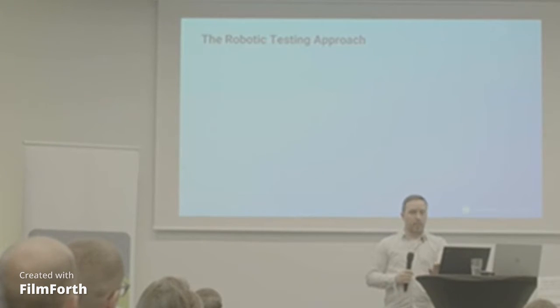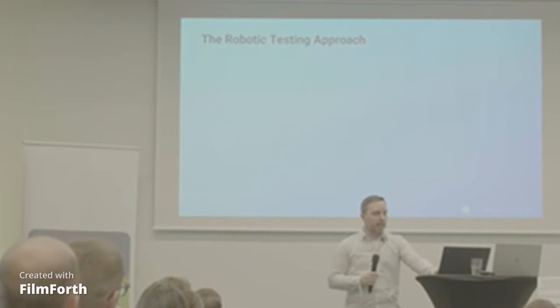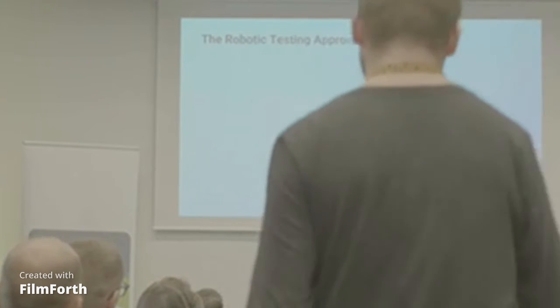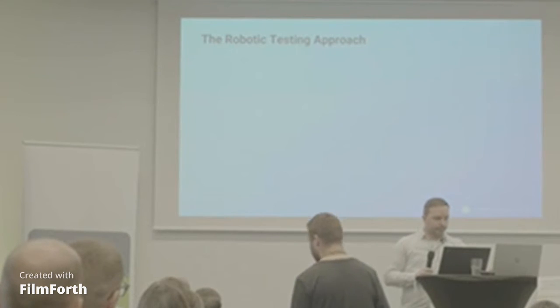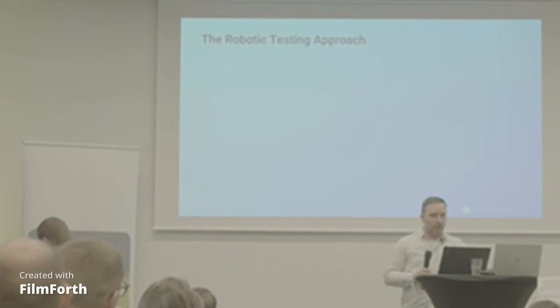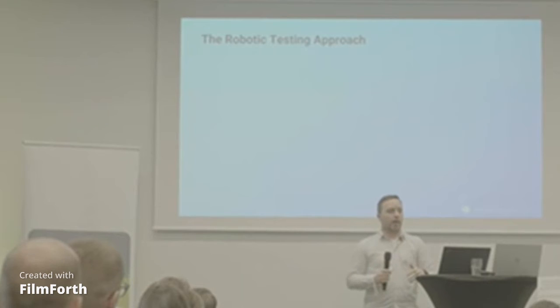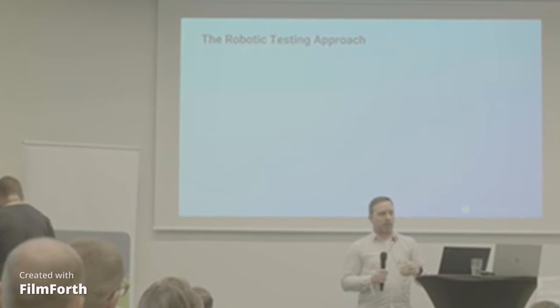Okay, so to overcome these challenges, we use this method of the robotic testing approach. So mainly how to effectively enable people who don't have so much experience in mobile test automation to do that.